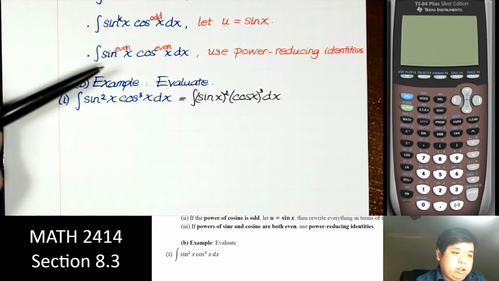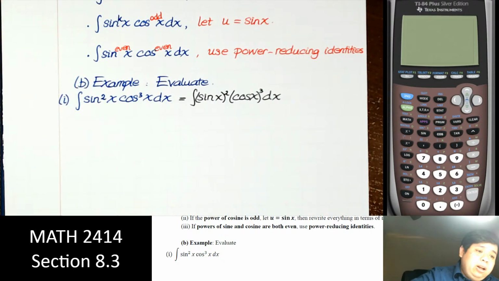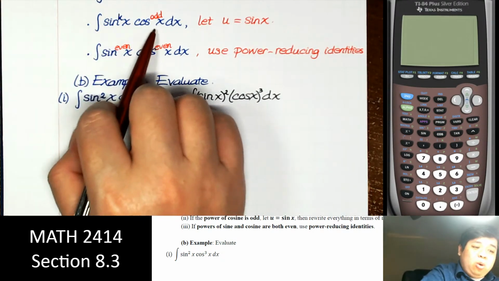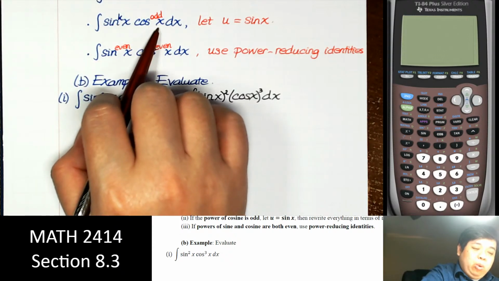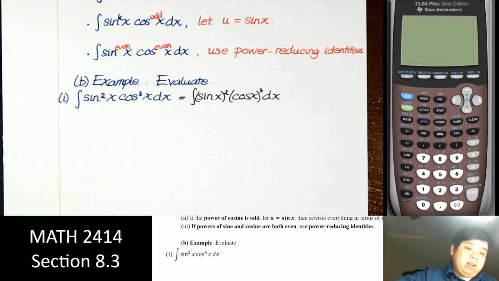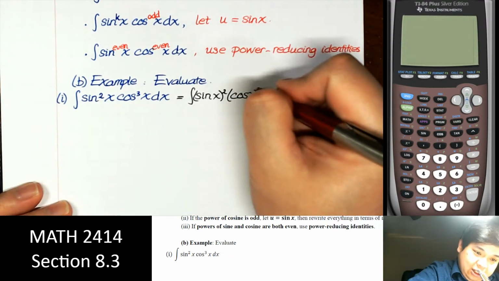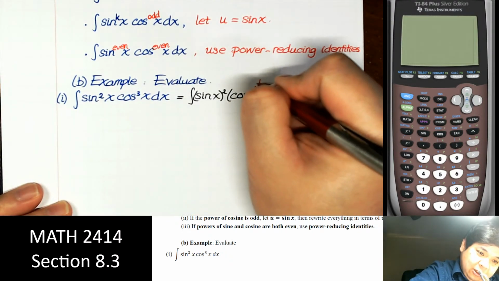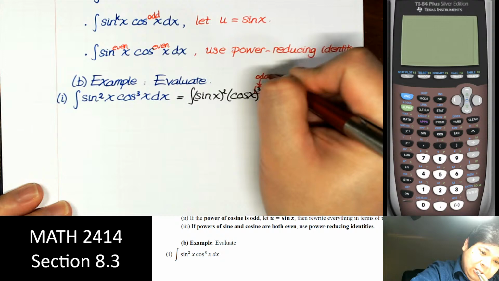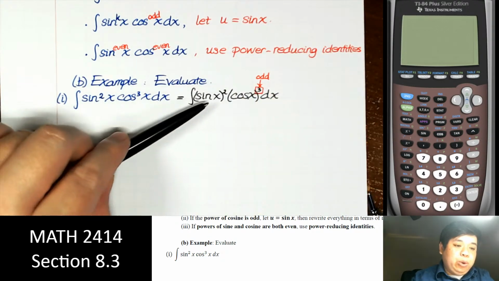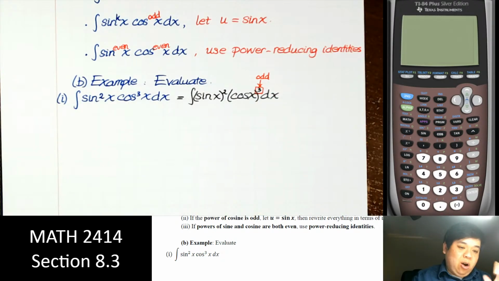Let's go back to the rules here. It says whenever we have a sine or cosine raised to an odd power, we're going to let u equal the other function. We have the odd power on cosine here, which means we're going to let u equal sine x, the other function.